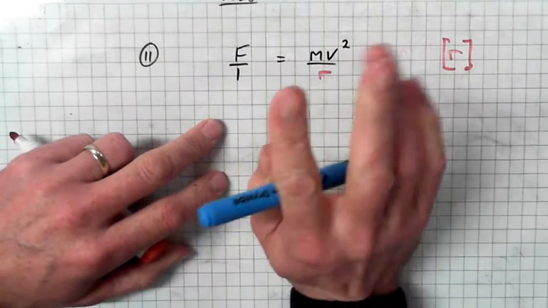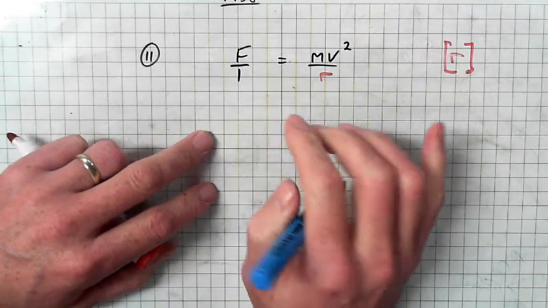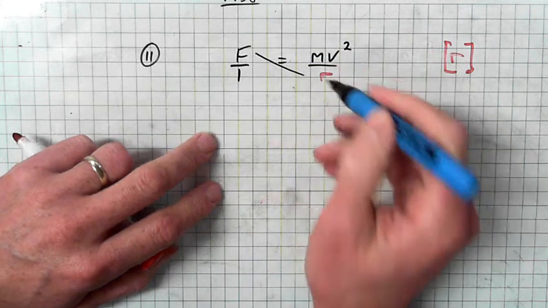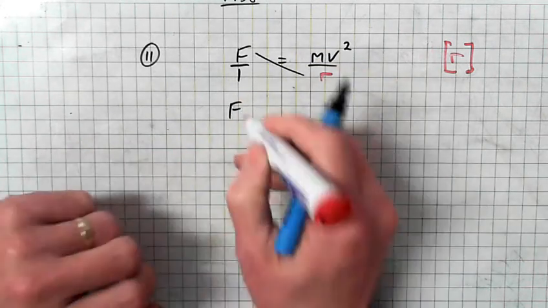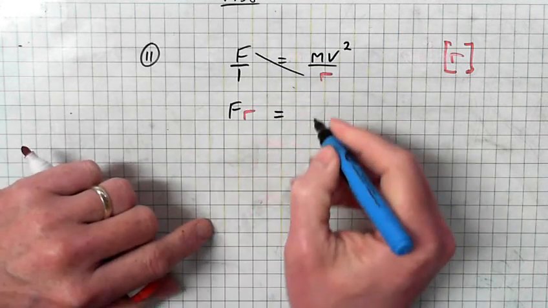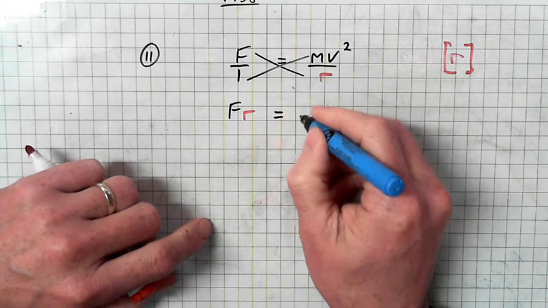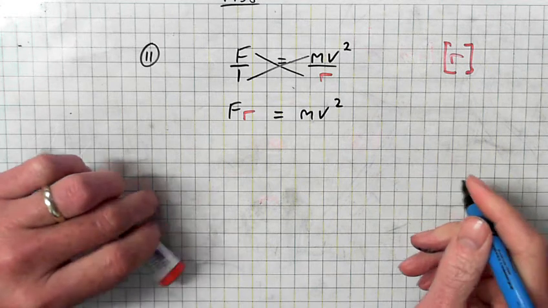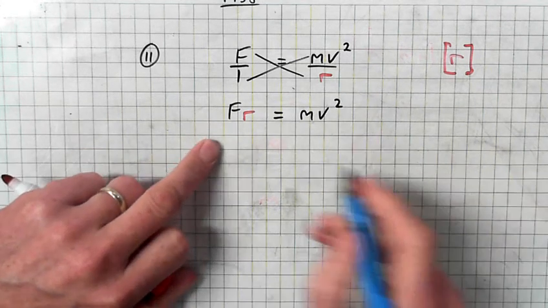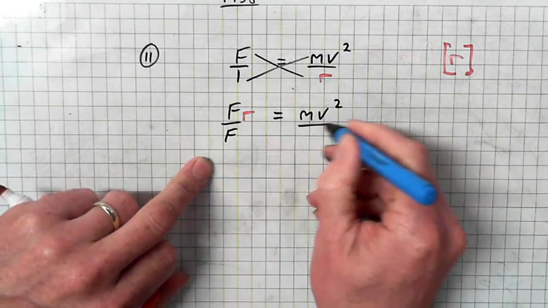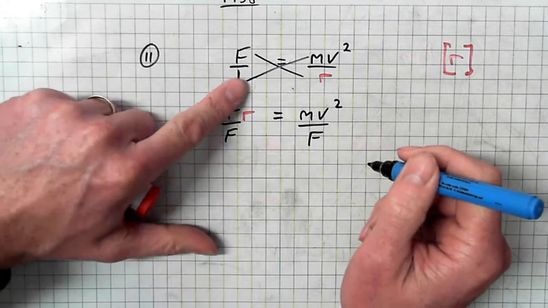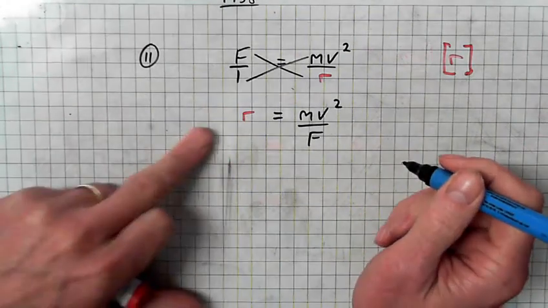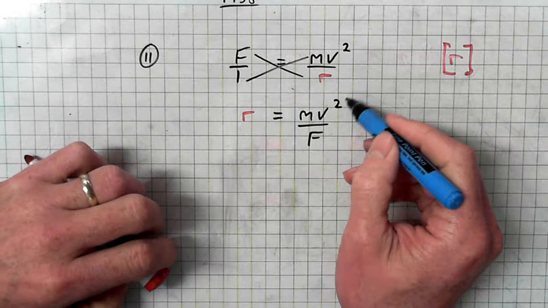You have two fractions and an equals in between, so you're allowed to cross multiply. 1 times mv squared is mv squared. Now what do I want to get rid of? The f. f divided by f is 1. So r is mv squared over f.